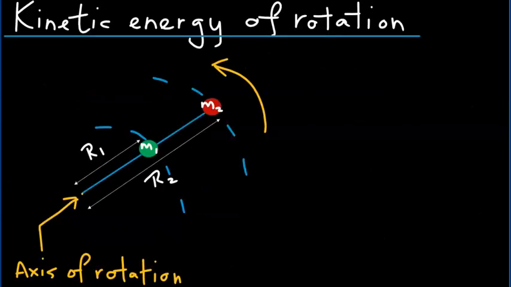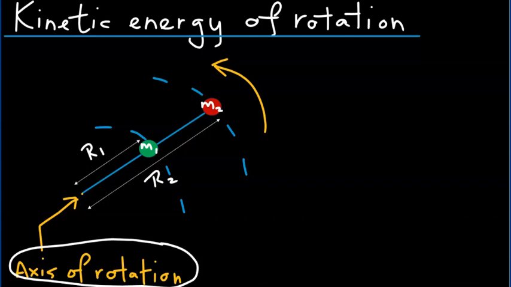Let's move on to kinetic energy of rotation. As shown, you have a system with two masses, mass 1 and mass 2. Assume that these two masses are connected by a rigid rod, but a massless one. So mass 1 and mass 2 will rotate about this axis of rotation, which is coming out of the plane, with some angular velocity omega.